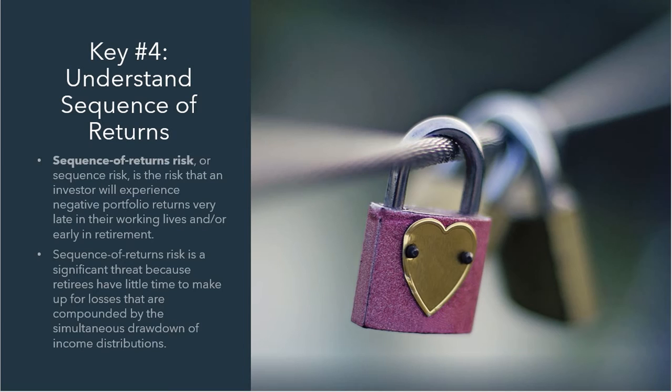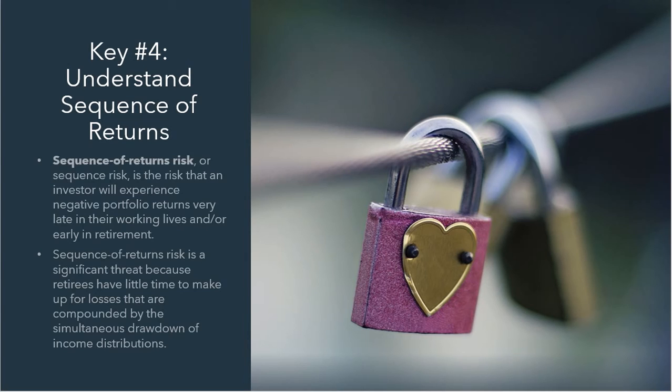So sequence of return risk, or sequence risk, is the risk that an investor will experience negative portfolio returns very late in their working lives and/or early in retirement. This risk is a significant threat because retirees have little time to make up for losses, and that compounds simultaneous drawdowns of income distribution.